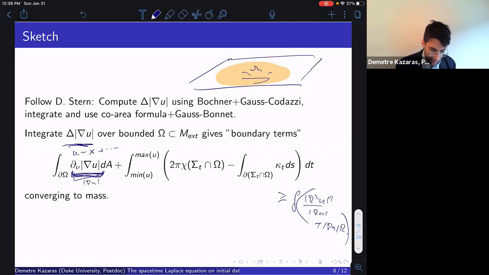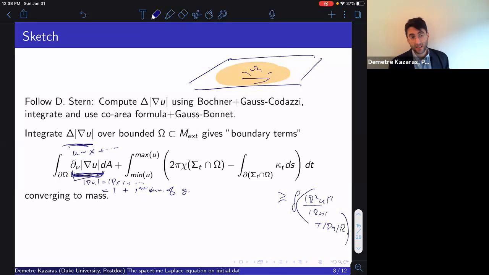So the norm gradient of u looks like the norm of gradient x plus lower order terms. This is roughly on the order of 1 plus a little bit of error, 1 plus first order expansion of the metric, you could say.